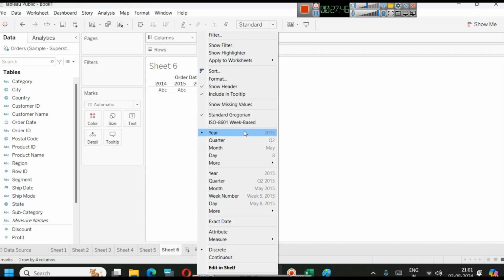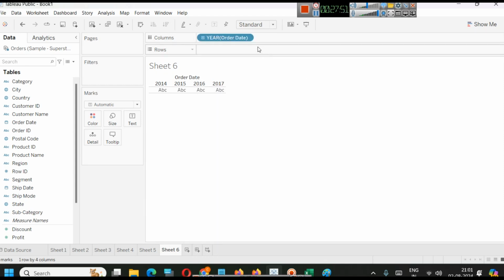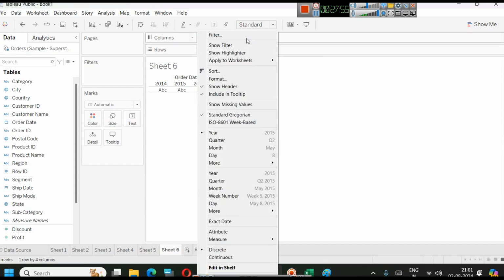Okay, so date is something that can be changed. This is year, you can see, right? So I'm showing it once again. Just see it carefully. When you click on it, you have year, quarter, month, day, more. So date is something that can be considered as a dimension and also a measure.